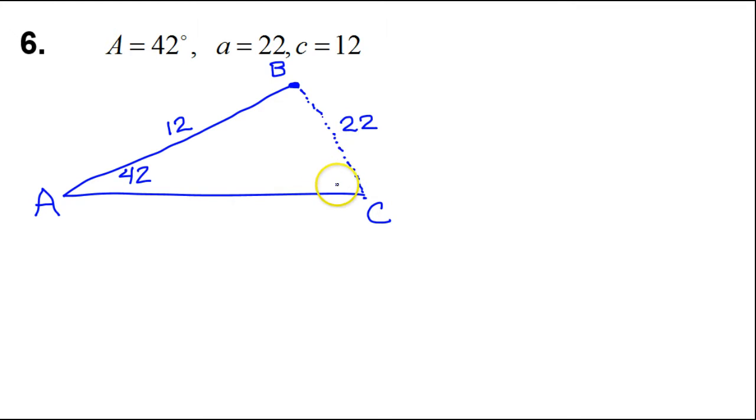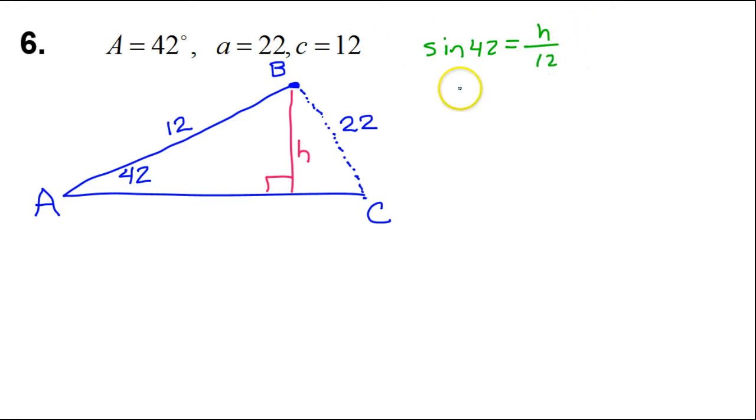So the first thing we have to decide is, will this form a triangle at all? And the way that we will figure that out is by looking at the height. So looking at angle 42, the sine of 42, that's opposite over hypotenuse, so that will equal h over 12.